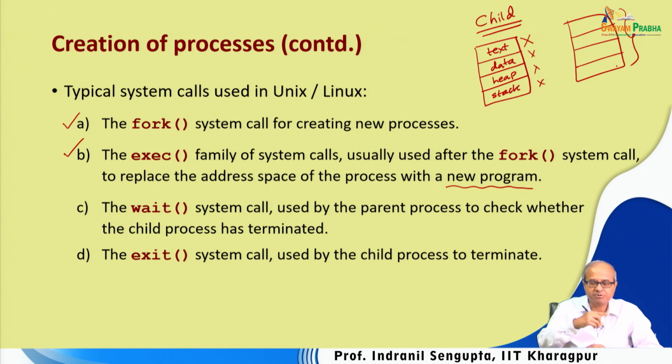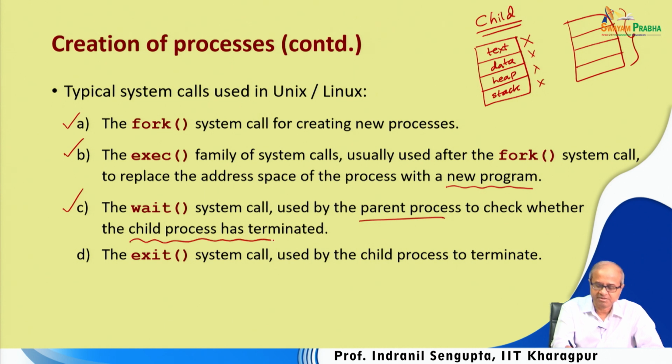And for the purpose of synchronization between the parent and the child, there is a system call called wait. Using wait, the parent process can check whether the child process has terminated. Okay.